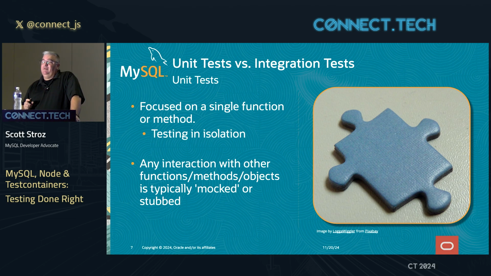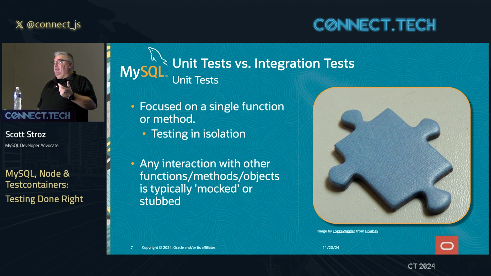That would be considered a unit test, where all you're focused on is just one individual piece of the puzzle. Unit tests should be focused on a single function or a single method, and they should be tested in isolation. That means nothing else should matter.